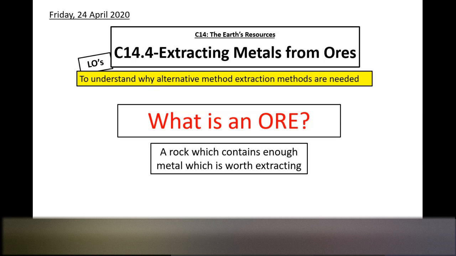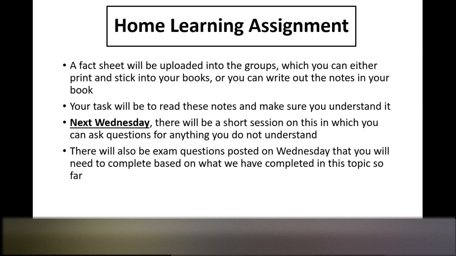So what I would like for you to do is a home learning assignment. Once this lesson is over, I'm going to upload into the groups a fact sheet about this lesson 14.4, and you can either print it or write it in notes in your book.